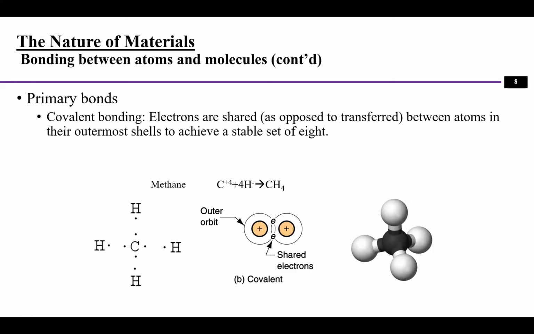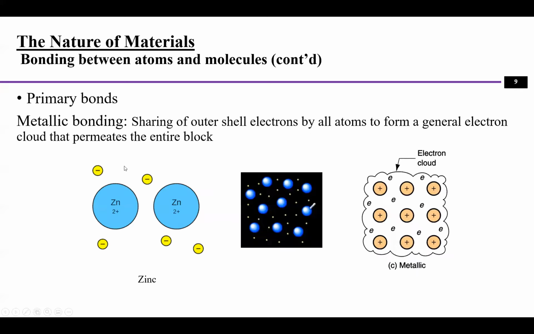How can they form the 8 electrons? Because carbon already has 4 electrons, and if it is sharing with hydrogen with 1 electron, and there are 4 hydrogen atoms, so it can start to form 8. Right, 8 electrons at the outside orbit. Then it becomes a very stable state for all the electrons and also atoms. So this is called a covalent bonding.